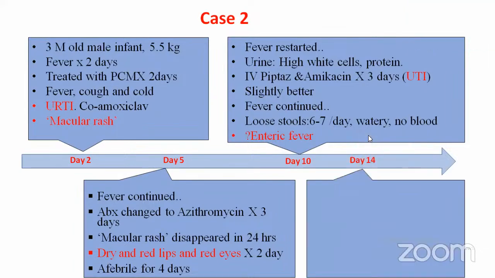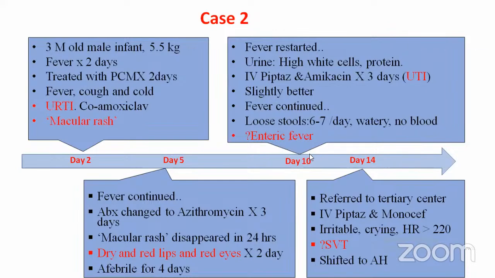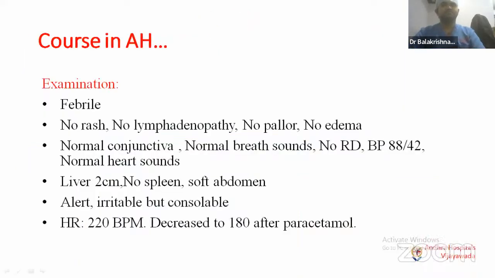Enteric was positive. After that the child was referred to a tertiary center. The child was started on IV piperacillin and Monosep. The child was irritable and crying, and the heart rate was more than 220, so SVT was suspected and the child was referred to us.